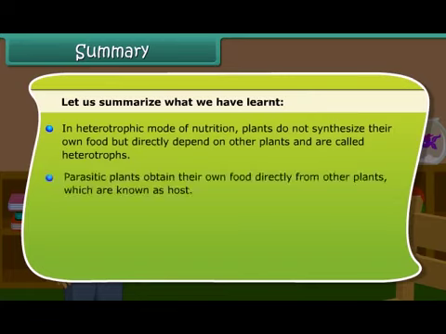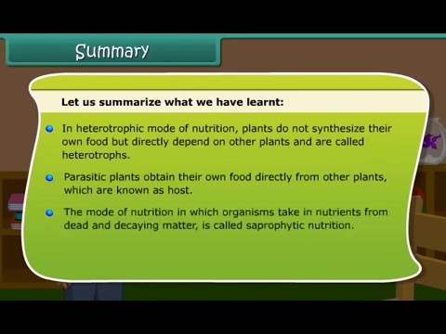Parasitic plants obtain their food directly from other plants, which are known as host. The mode of nutrition in which organisms take in nutrients from dead and decaying matter is called saprophytic nutrition.